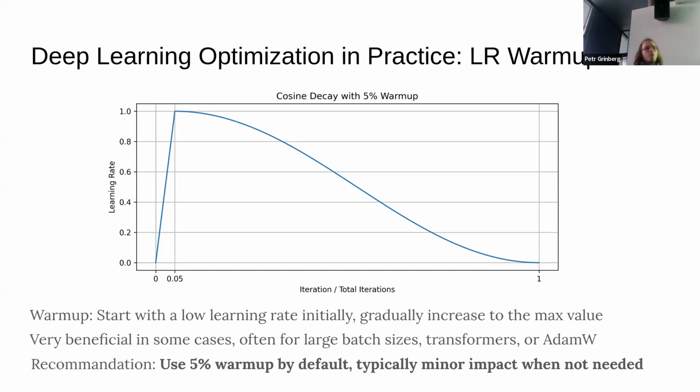But if you start with a small learning rate, you cannot go too bad too fast. So you probably do some small adjustments, and you won't get into bad locations, and you will be able to get better performance overall.